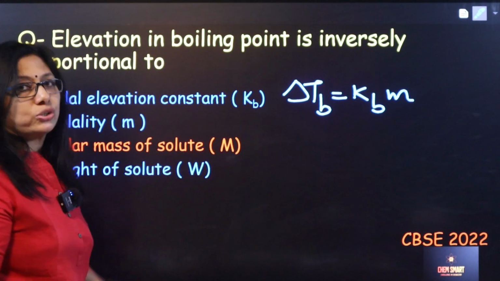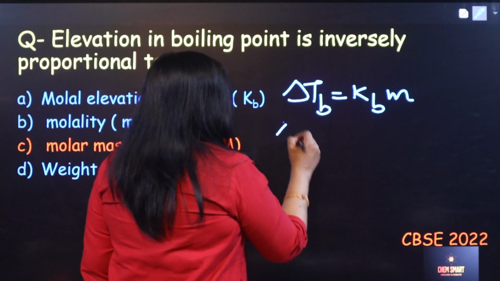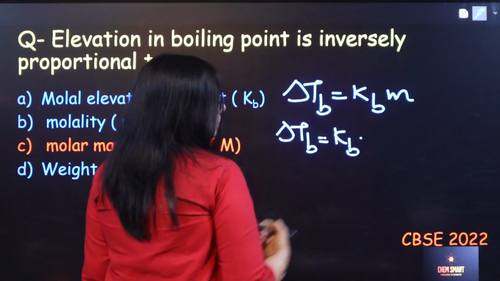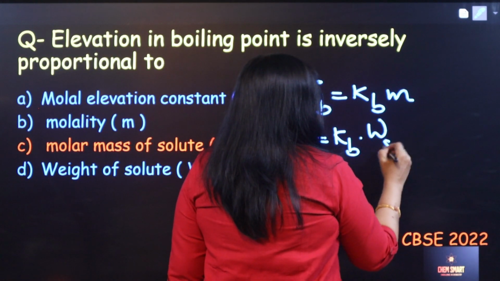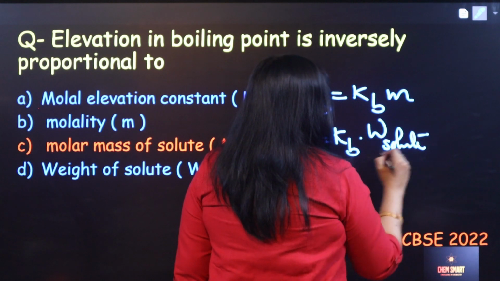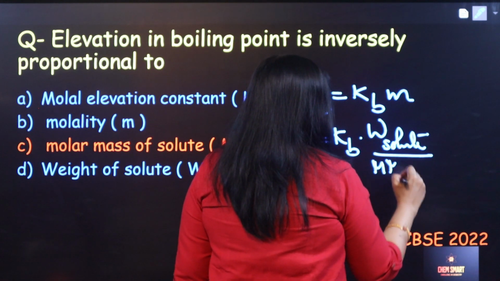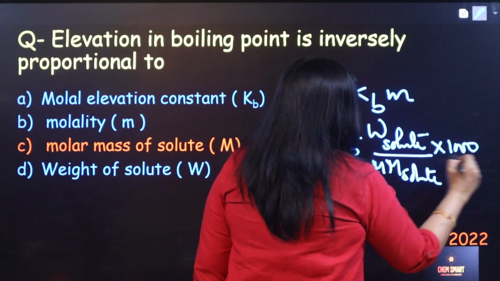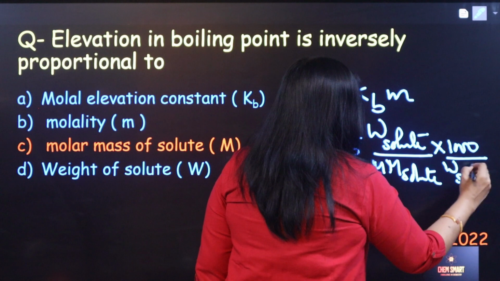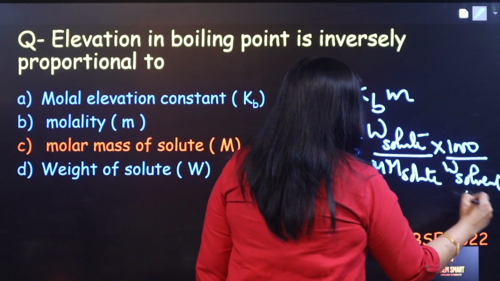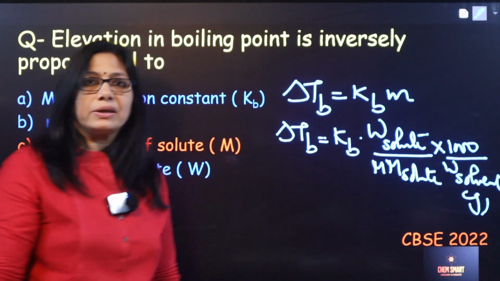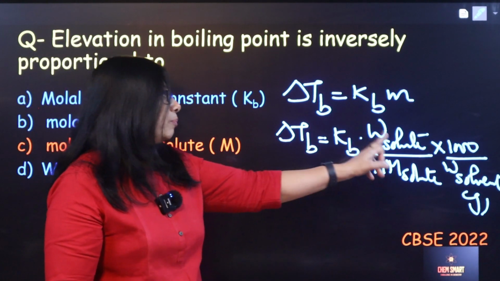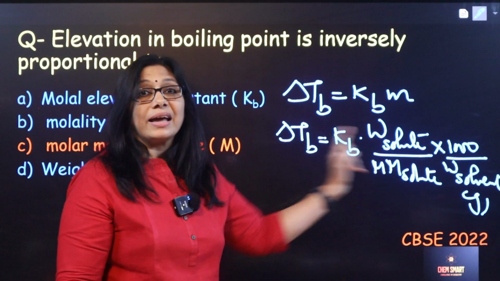Next one, weight of the solute. I'll show you. Delta TB is equal to KB into molality, and what is molality? Mass of solute by molar mass of solute into 1000 by mass of solvent in gram. Right. So if you look at this relation, delta TB and W solute are directly proportional.